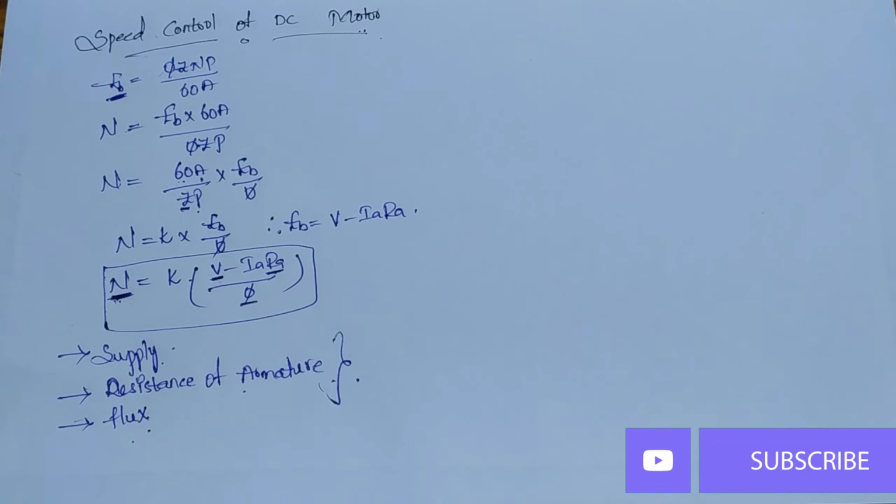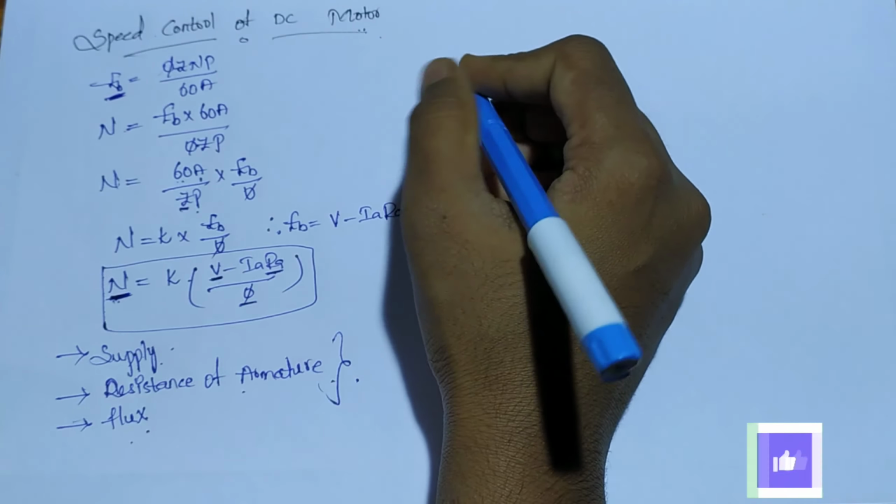And coming to speed regulation, how can we find the speed regulation of a DC motor?